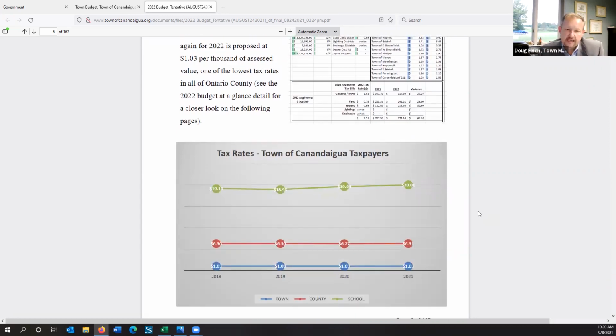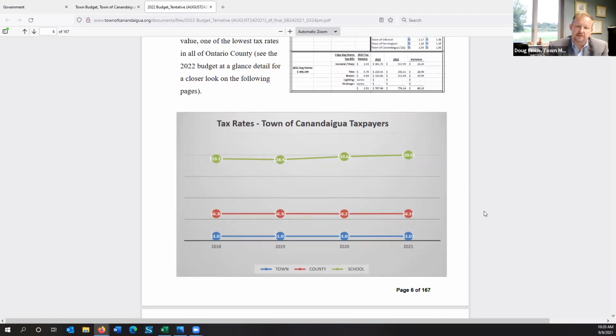As we just said, the tax rate is proposed to stay at $1.03 with the tentative budget. This little graph here, I'm just going to slide down just a little bit so you can see this a little bit more clearly. This chart shows you the tax rates for the town of Canandaigua, Ontario County, and the Canandaigua School District over the last 4 years. And you can see that all three have remained fairly stable, with the blue on the bottom, the town of Canandaigua tax rate being $1.03 per thousand.